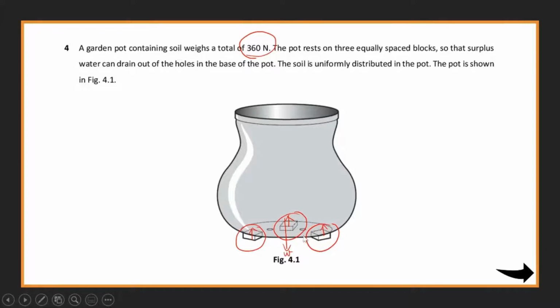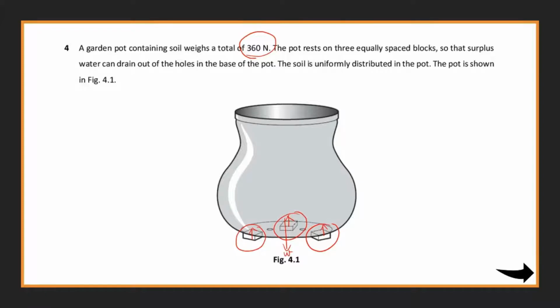Even though we have 3 blocks here, the total contact area from the 3 blocks is still quite small. This will cause the pressure from the pot to the ground to become quite big, and that's what makes the pot and the block sink into the ground.